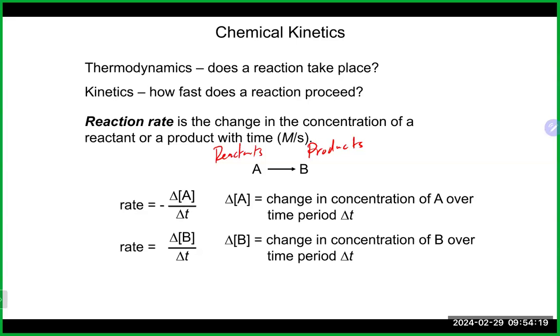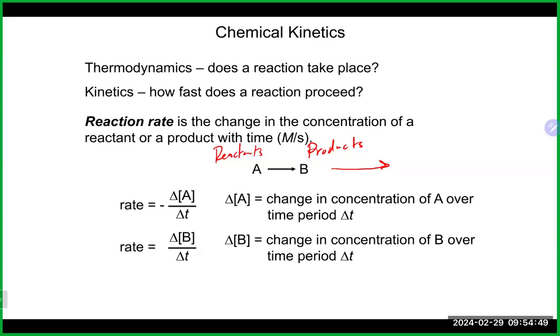Should be decreasing, right? The reaction is heading towards the product side. As this reaction takes place, the only way to get to our products is to use up our reactants. We would expect the concentration of A to come down, just like we would expect the concentration of B to increase with time, right? As time goes on, we should be making more products.